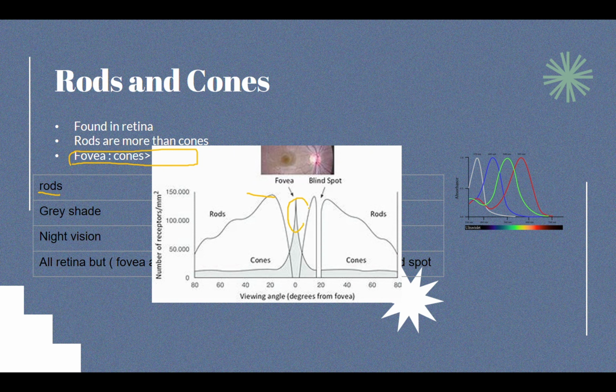Here we have the cones at their highest point in your retina, and you have no rods at all. But then the rods increase again while the cones reduce again, and here we have nothing. The area contains no receptors at all, but again we go back to our norm, which is more rods, fewer cones.